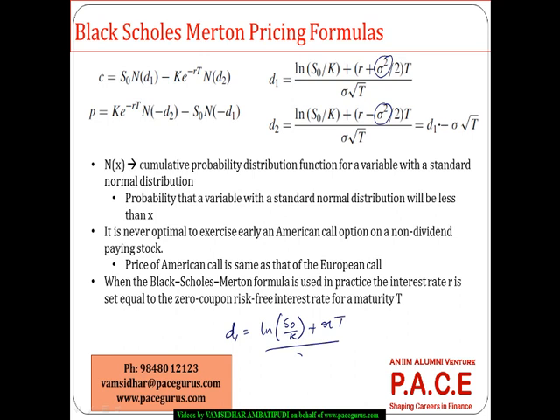Even if I split this up, log(S0/K) divided by sigma root T, sigma is nowhere existing. So d1 and d2 are almost going off, and N(d1), N(d2) are nothing. So if the volatility is not there, the call option does not have any kind of value, which can very well be shown through the Black-Scholes-Merton formula as well.